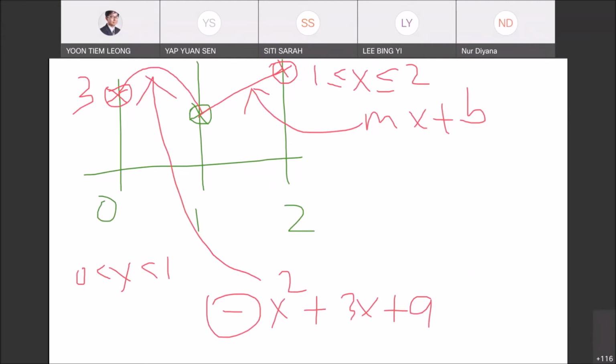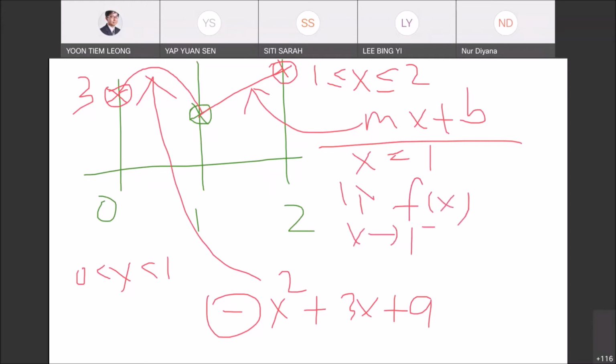You have x equals 2, x equals 1. So at x equals 1, the limit of the function f(x) as x goes to 1 from the left must be equal to the limit of the function f(x) as x goes to 1 from the right.